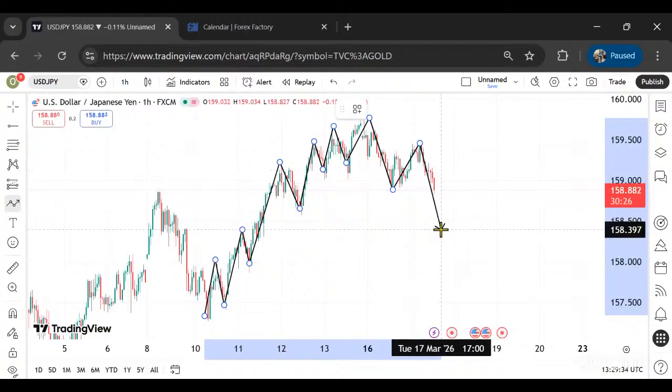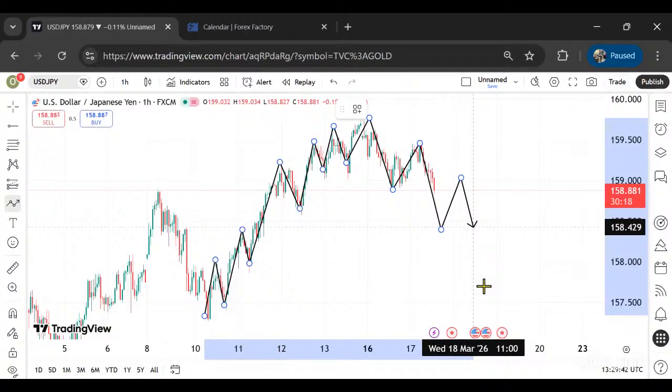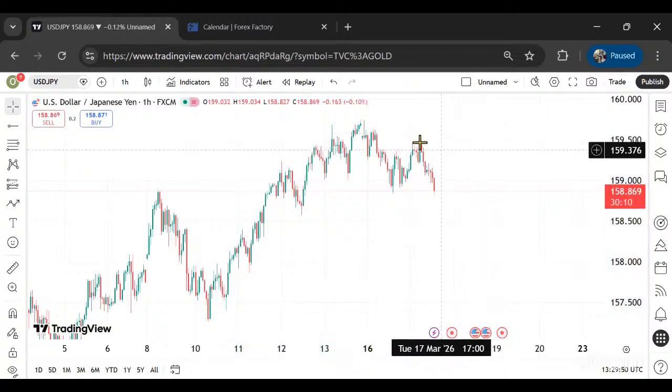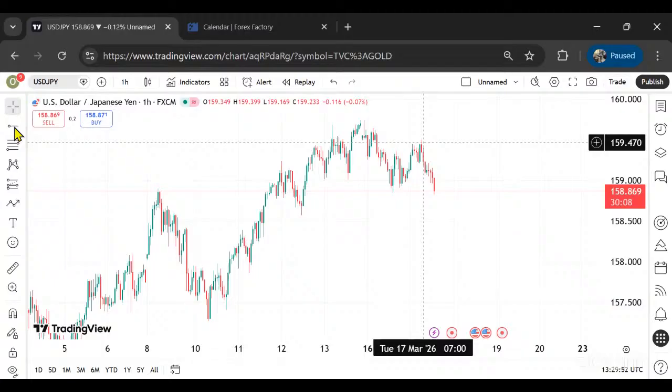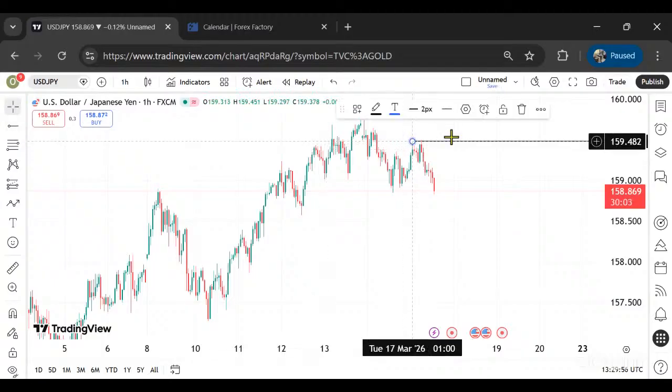Now we expect the market to fall, then retrace a little bit again, and then continue going lower. Anything can happen, though. If eventually the market comes back and takes out this high, then we expect the market to continue going up.